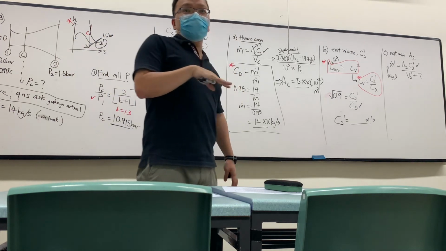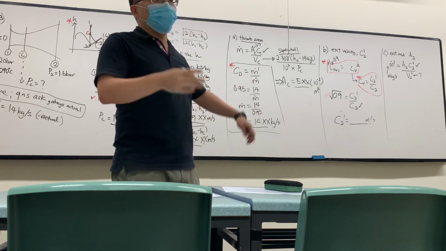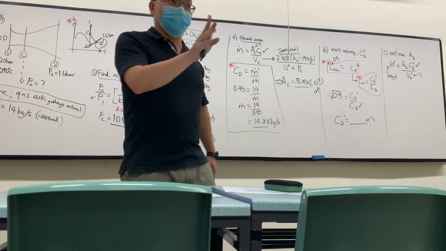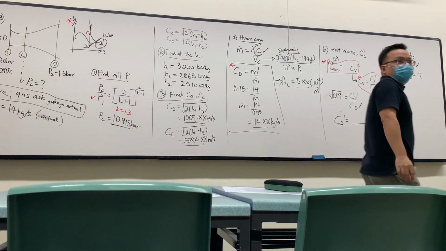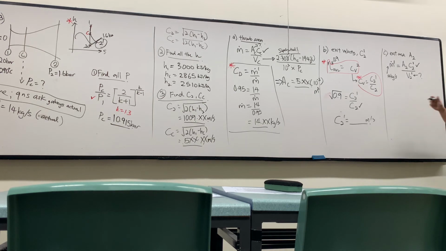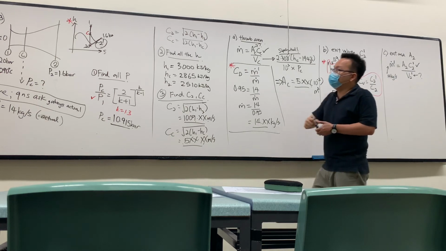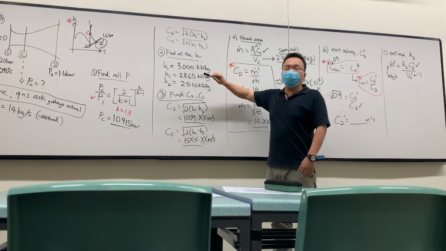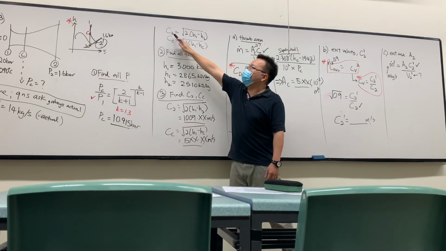I can tell you the answer. The second property comes from where? C2 prime. If you look at the C2 prime equation, what can you find out from here?